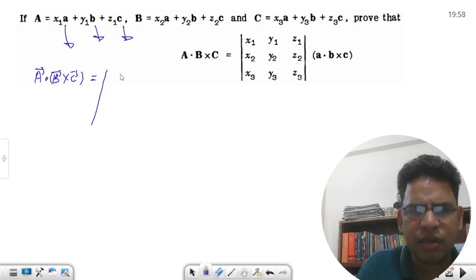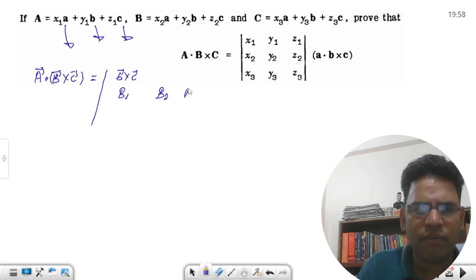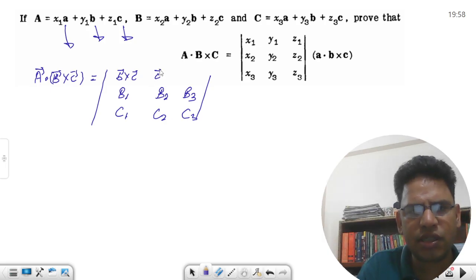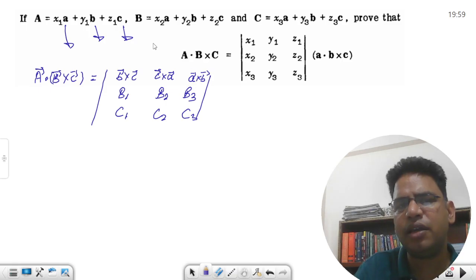You are going to get b cross c, and you are going to get b1, b2, b3, c1, c2, c3. Here you are going to get c cross a vector, and here a cross b vector.